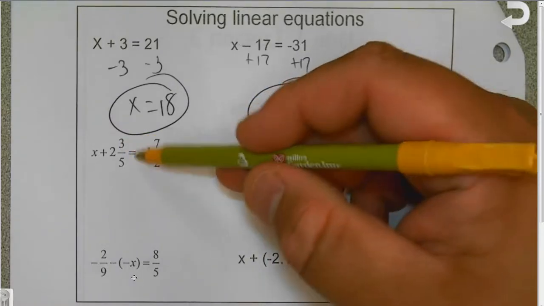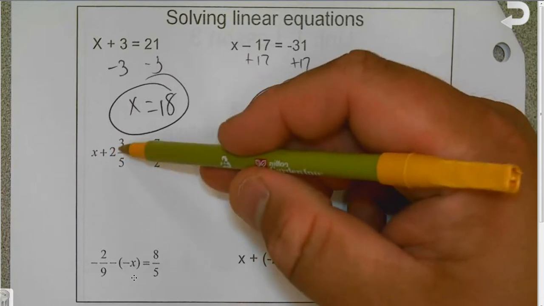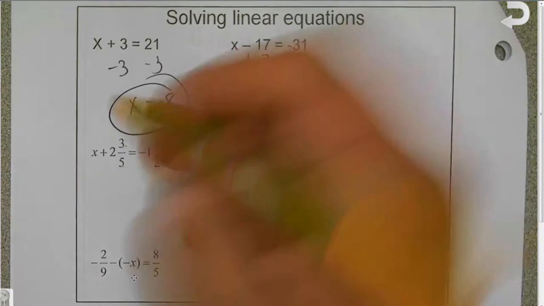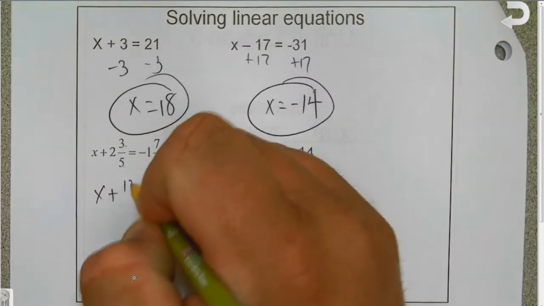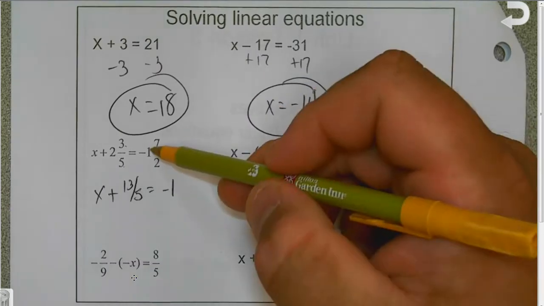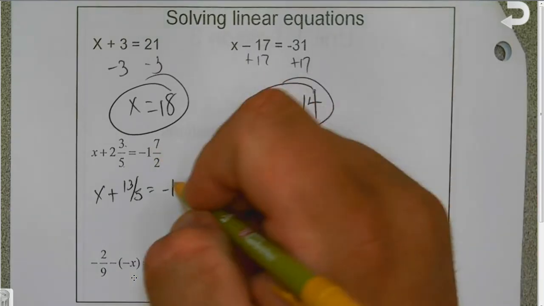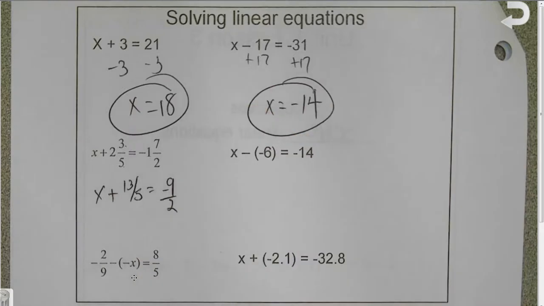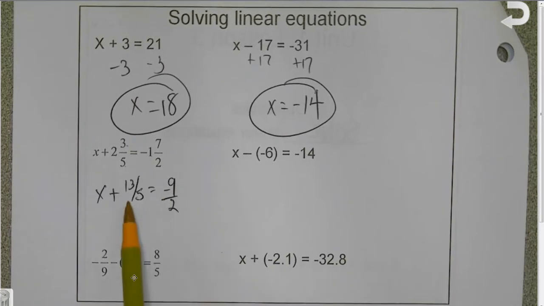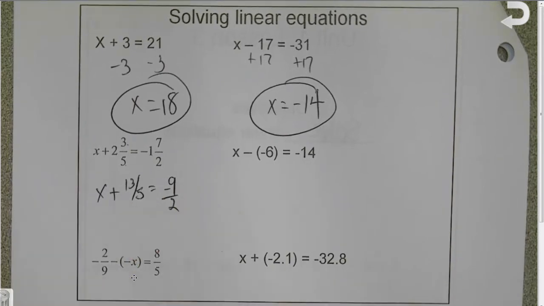You have to change them over to improper, so 2 times 5 plus 3, 1 times 2 plus 7 is negative 9 over 2. And then all we have to do is subtract a negative 13/5. And so we can do that.